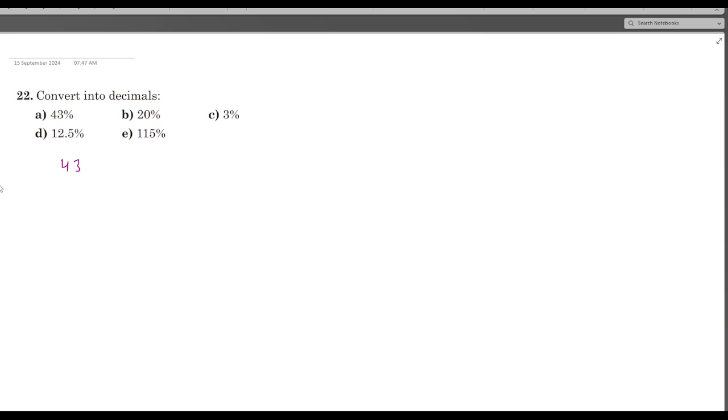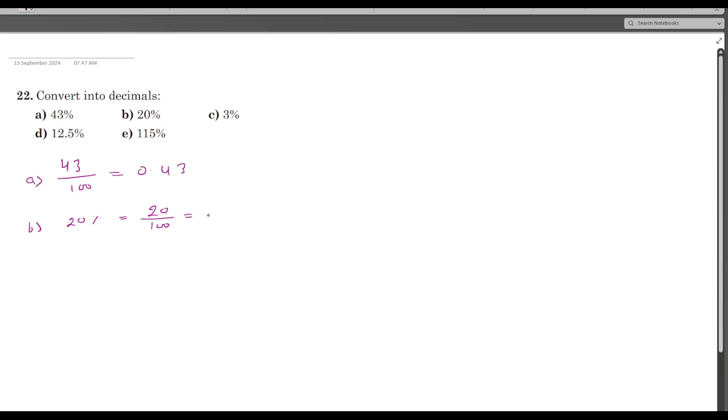Okay, so convert it into decimal. Now 43%, if I convert to decimal, is 43 divided by 100, which is 0.43. B, 20%, when converted to decimal, is 20 divided by 100, which is 0.2. C, 3% is 3 divided by 100, so this is 0.03.